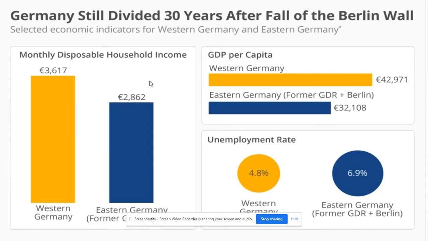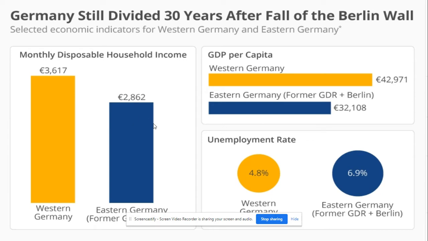That's basically money that each person has to spend in Germany. In Western Germany, the currency that they use is euros because they're a part of the European Union. So in Western Germany, the average income per person is 3,617 euros.